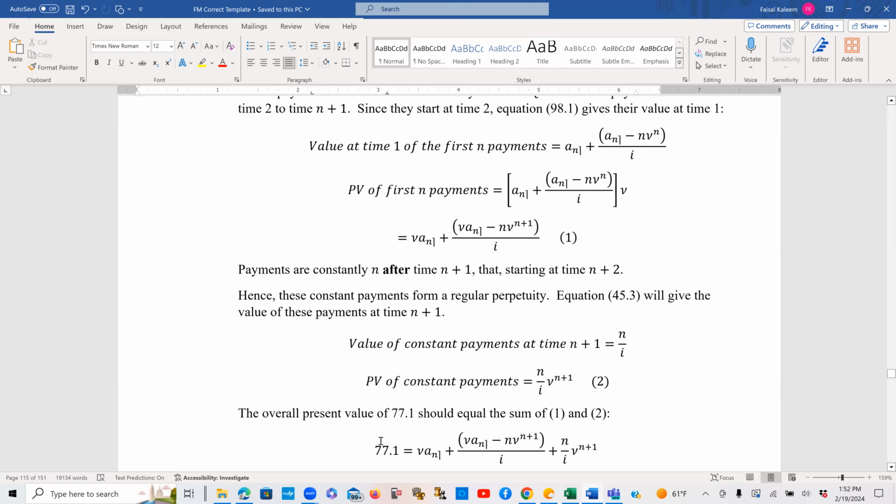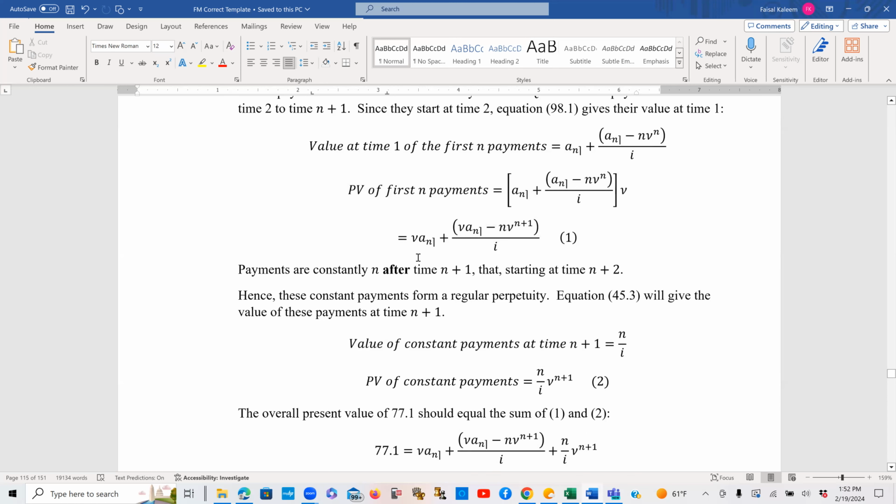The overall present value, which is given to be 77.1, should be the sum of 1 and 2, because 1 was the arithmetic part, the first n payments, and then 2 gave us the value of the remaining payments. And the sum of the two will give us the overall present value, which is 77.1.